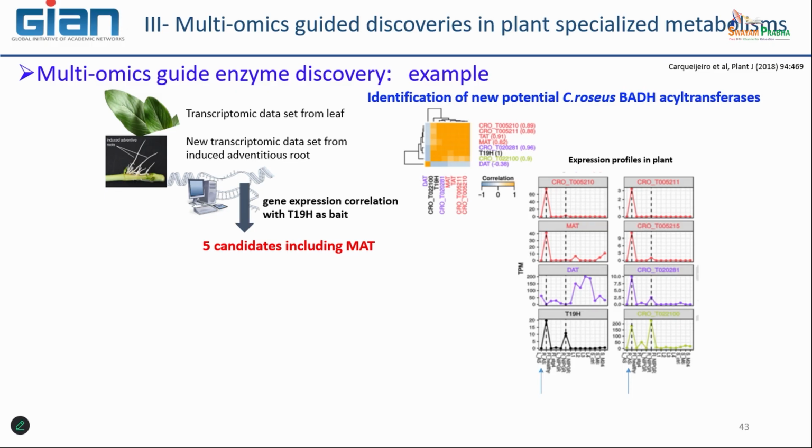But here you have 1, 2, 3, or 4 candidates that are also produced specifically in the roots and not in the other parts of the plant. So they start to become really good candidates.